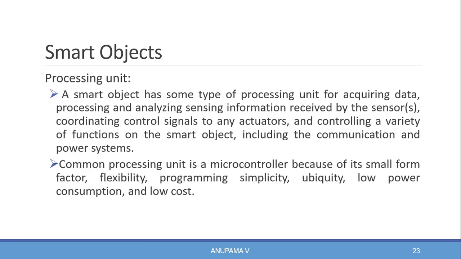First is the processing unit. A smart object has some type of processing unit for acquiring data, processing and analyzing sensing information received by the sensor, coordinating control signals to any actuator, and controlling a variety of functions on the smart object, including the communication and power system. The specific type of processing unit that is used can vary greatly depending on the specific processing needs of different applications.